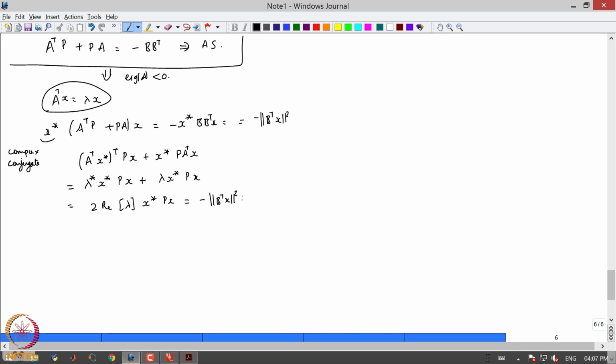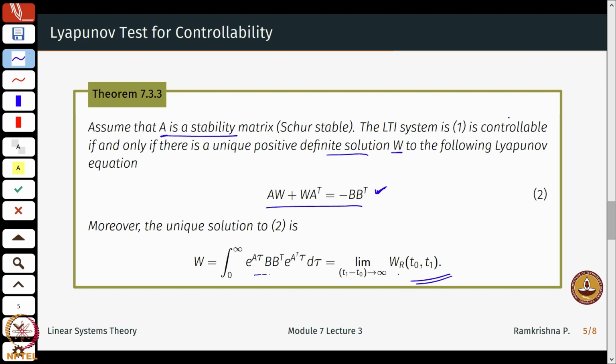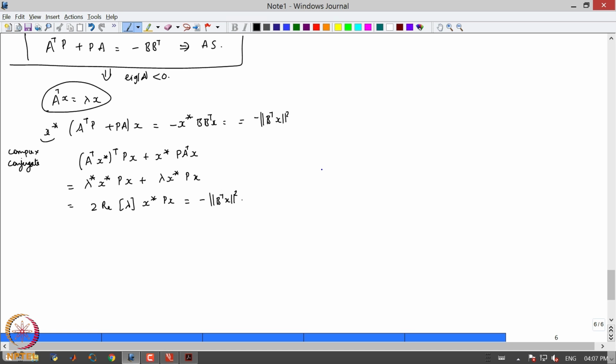Now, what do I assume? This condition I know is equivalent to controllability from this theorem here. This theorem tells me that the system is controllable if and only if I can solve for this expression where W is a positive definite solution.